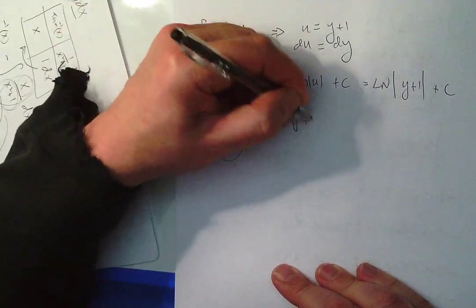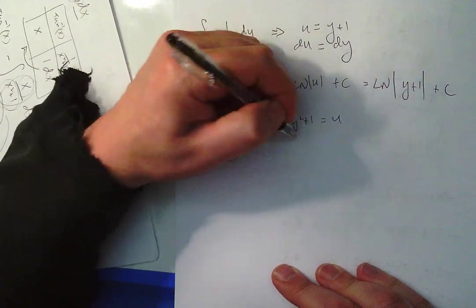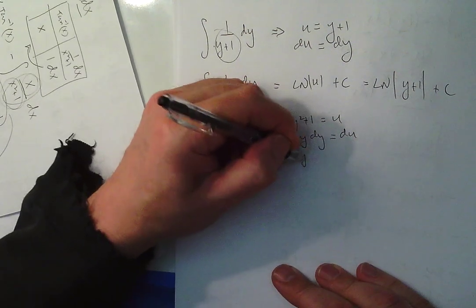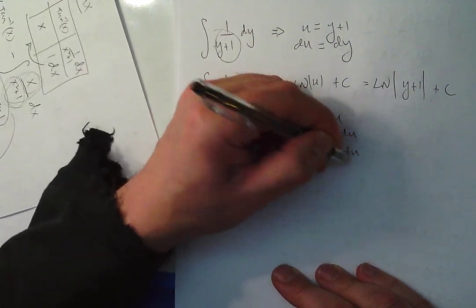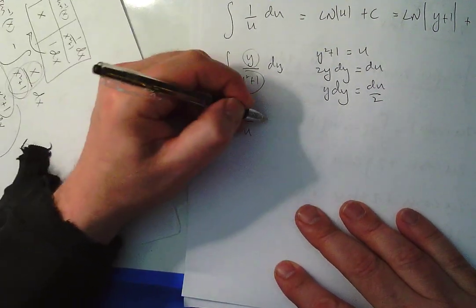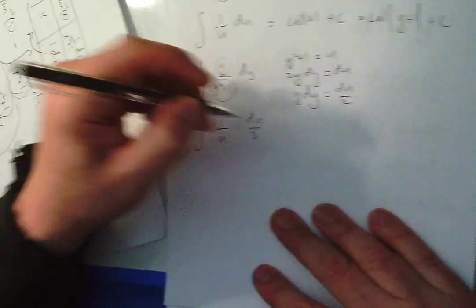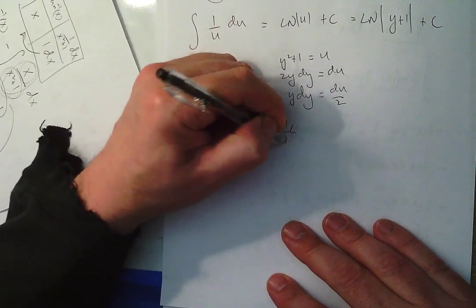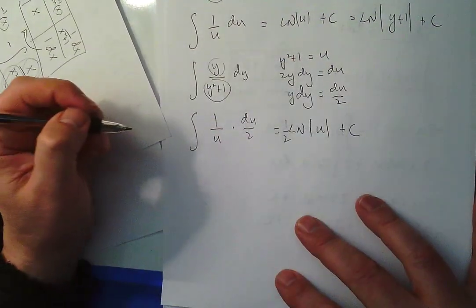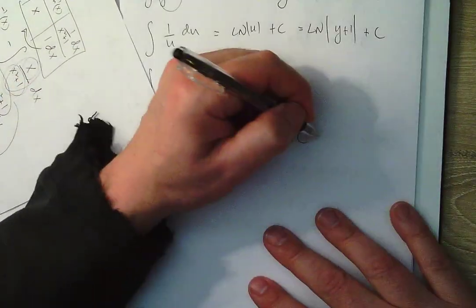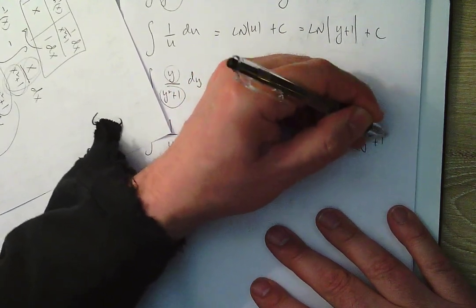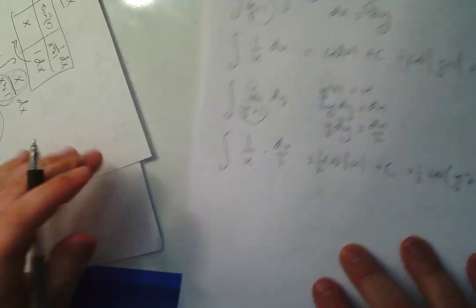So y squared plus 1 equals u. 2y dy equals du. So y dy is du over 2, which means that this integral can be written as the integral of 1 over u du over 2, which is 1/2 ln u plus c. And since our u is y squared plus 1, we can write 1/2 ln of y squared plus 1, plus c.